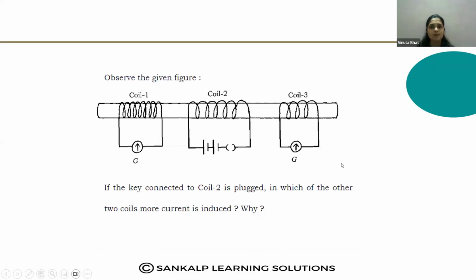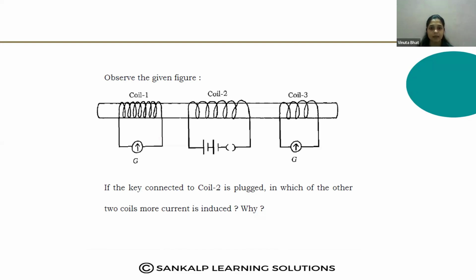Next question. Observe the given figure, coil 1, coil 2 and coil 3. If the key connected to coil 2 is plugged in, in which of the other two coils is current induced? Why? In which of the other two coils is more current induced?